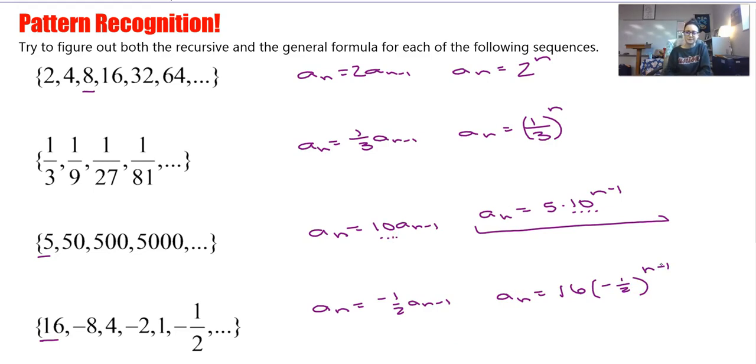Let's start with this and see how we do. So if I plug in 1, the exponent becomes 0. Anything to the 0 is 1. 16 times 1 is 16. That works. If I plug in 2 to grab my second term, 2 minus 1 is 1. -1/2 to the 1 is -1/2. 16 times -1/2 is -8. I think we've got it.